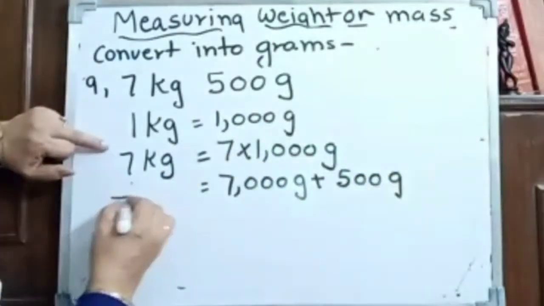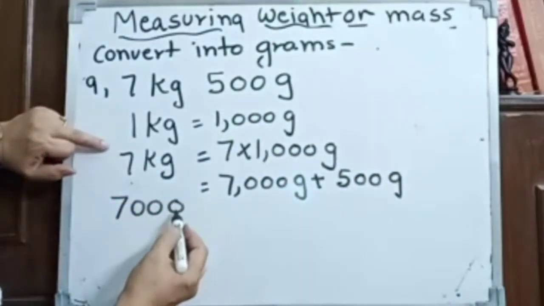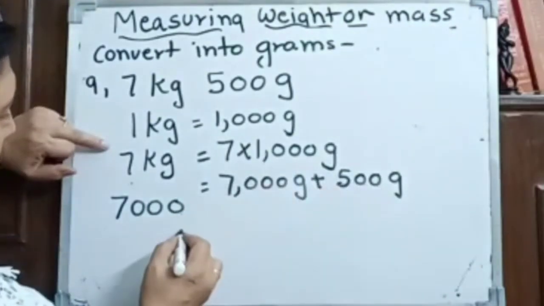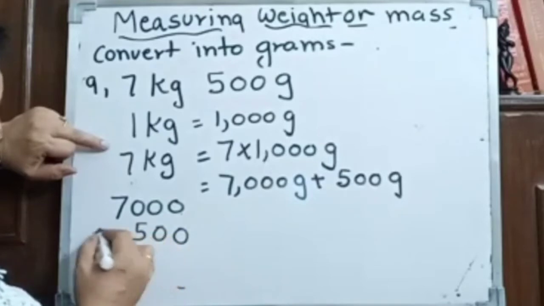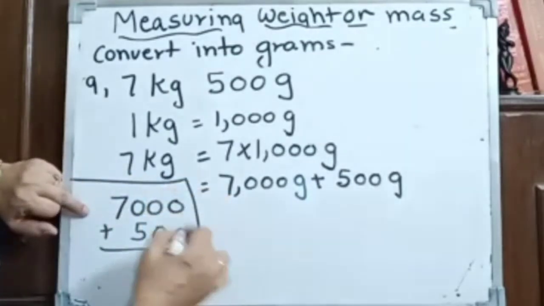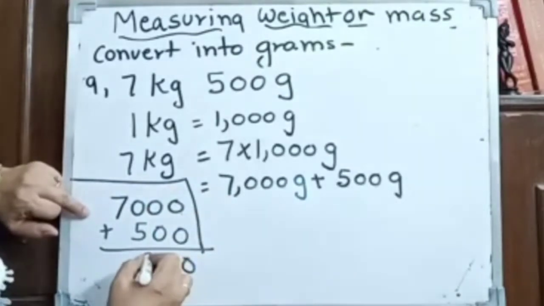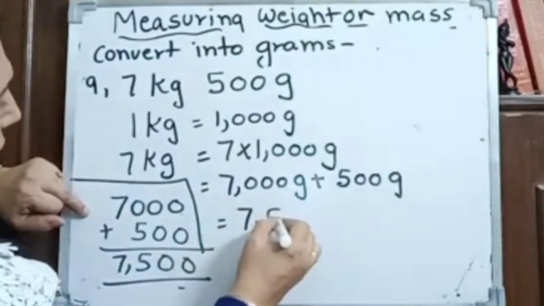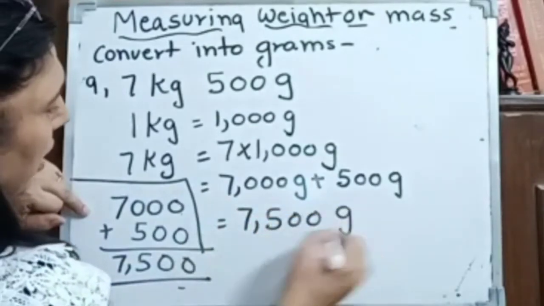So what to do? Write 7,000 here. Here we have ones, tens, hundreds. Put it under the proper columns and then add it. 0, 0, 5, 7. So here we have 7,500 gram.